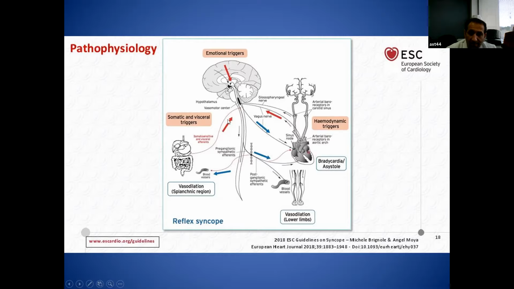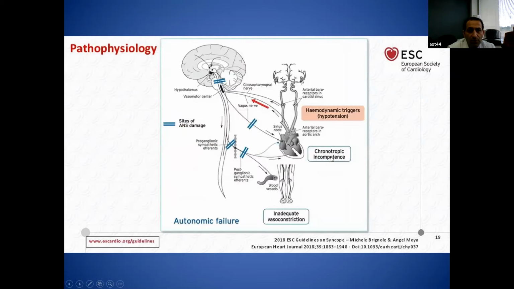sends a signal back via efferent nerve fibers, and you can get vasodilatation of the splanchnic circulation or the lower extremities, or bradycardia and asystole, okay?